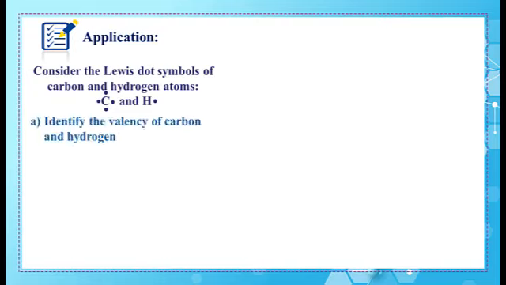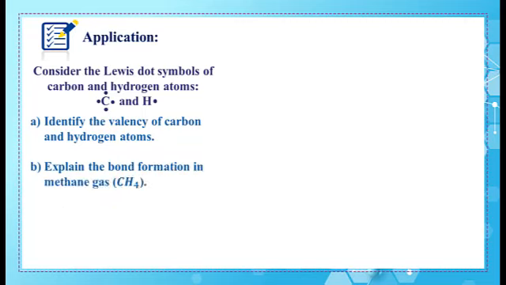Now we can apply. Consider the Lewis dot symbols of carbon and hydrogen atoms. In part A, we have to identify the valency of carbon and hydrogen atoms. In part B, we have to explain the bond formation in methane gas CH4. And in C, we have to deduce the Lewis dot structure of CH4.